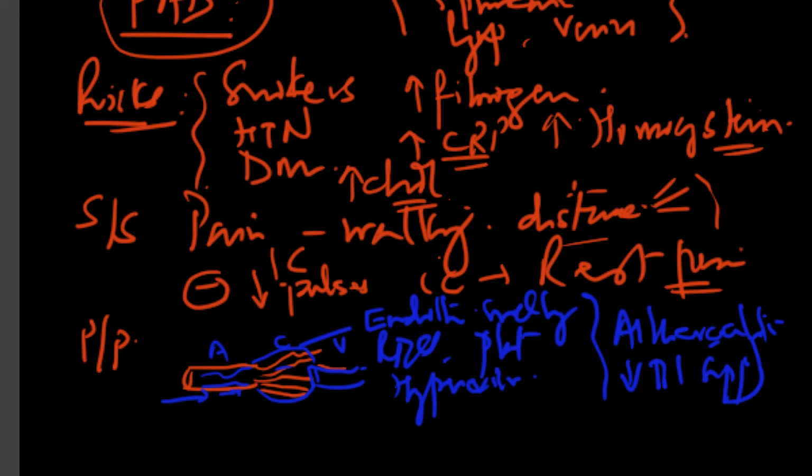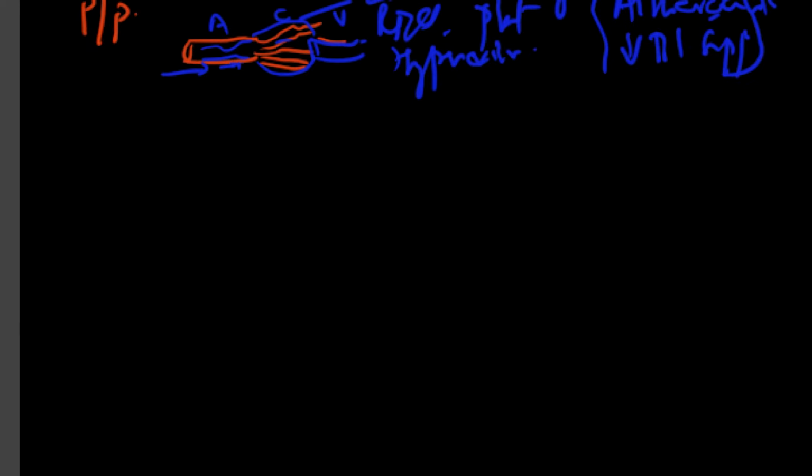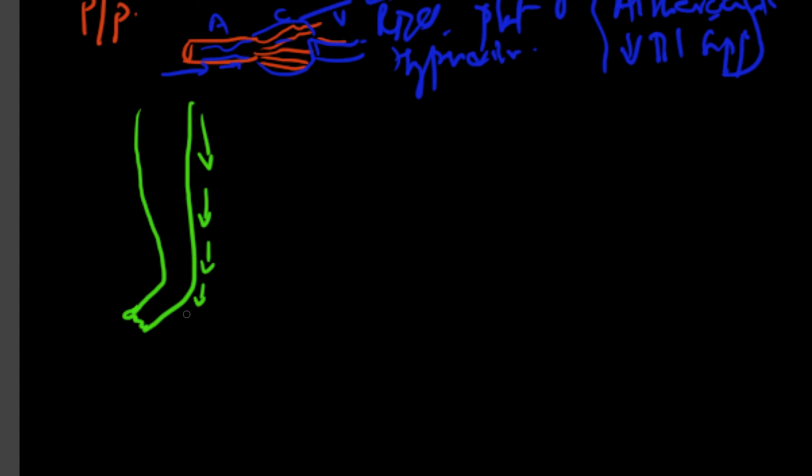Now, I want to move up further here, if I can go to the next page. Now let's draw a limb, for instance, the lower extremities. Now here is your limb. The circulation actually tends to progress slowly and in a more diminished way, if you will, as it progresses peripherally.